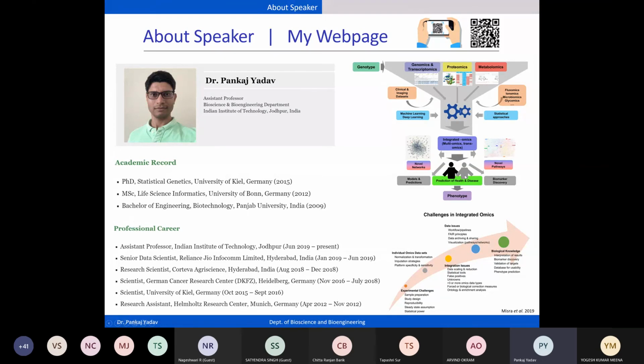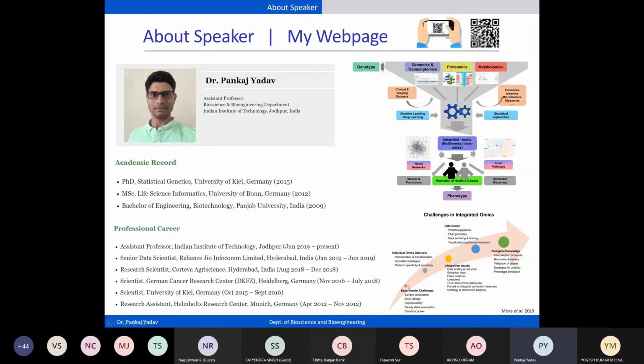Our ultimate goal is to do predictions, better diagnosis, and improve phenotype predictions by integrating these different layers of data. But there are many challenges in integrating these omics data sets, and I will talk about this in this session also.